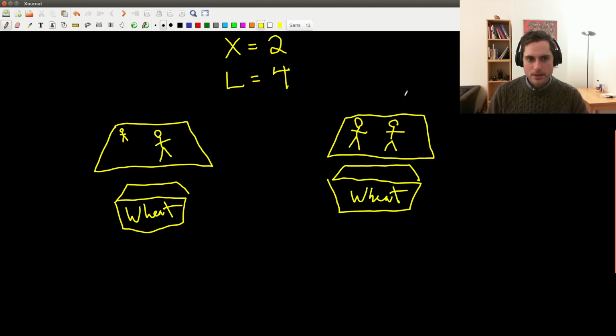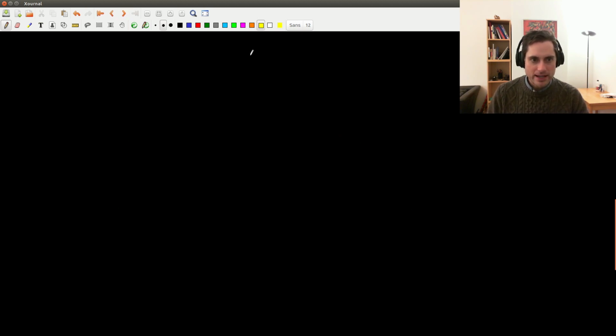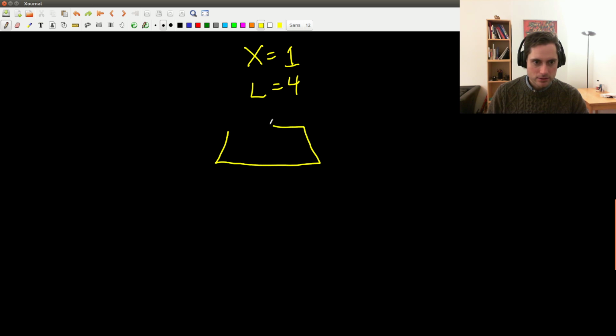Okay? But now suppose we're in a different situation. Suppose that we have only 1 field, but we have 4 workers. So it's the same 1 field, but now we've got 2 guys in the back and 2 guys up front.